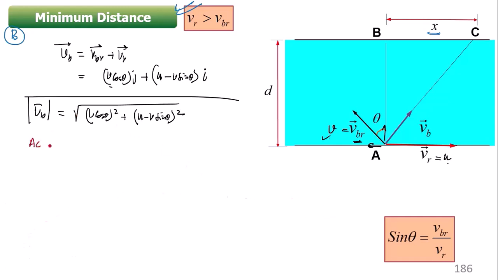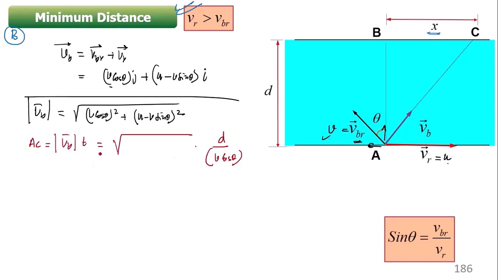The distance AC is equal to the mod of the VB vector into T. In time T, how much distance is traveled? VB into T. Now what is T? T is D divided by V cos theta. So that is this root into D divided by V cos theta. That is AC.